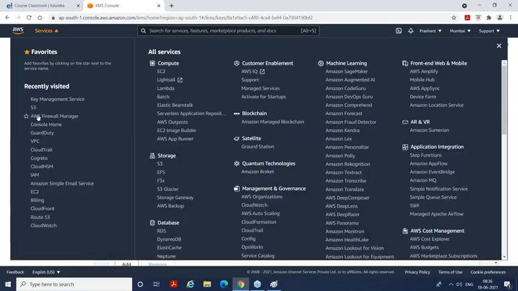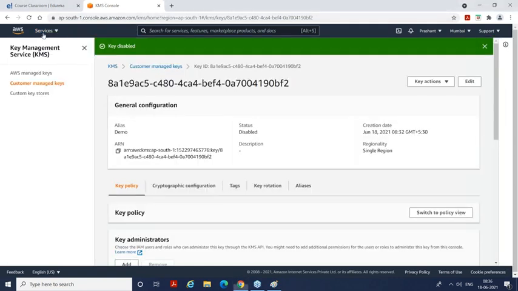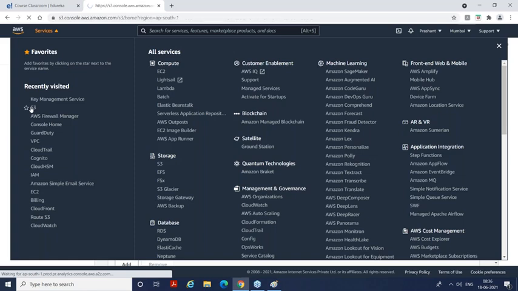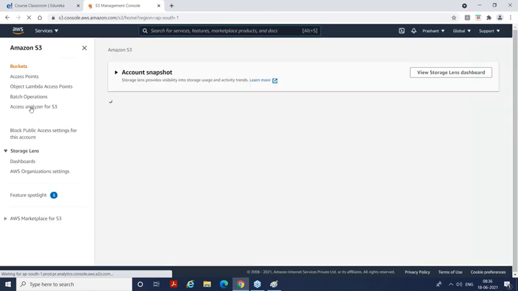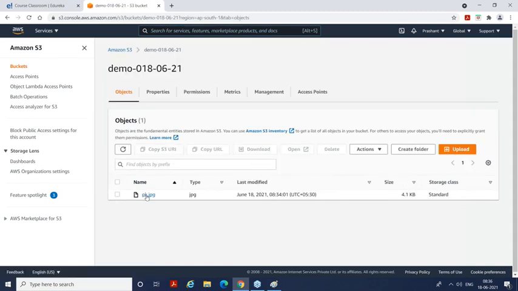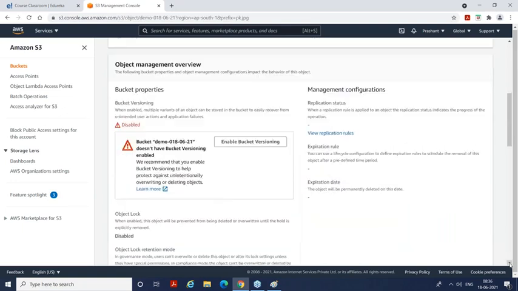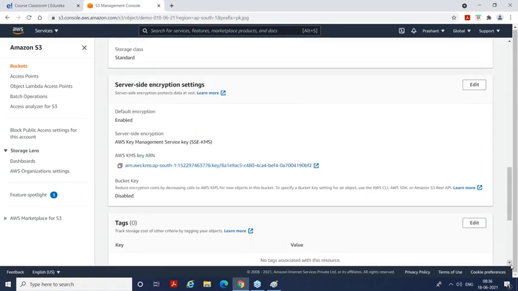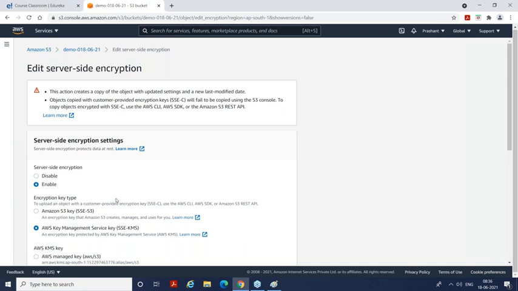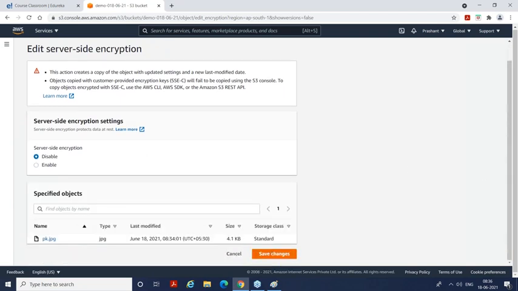Even there I need to disable the encryption part. Only if I disable this.